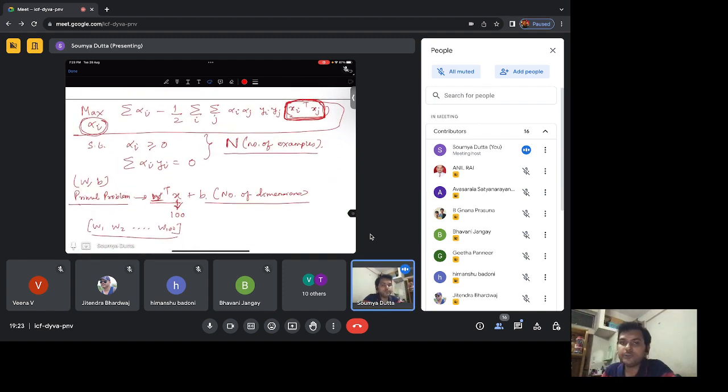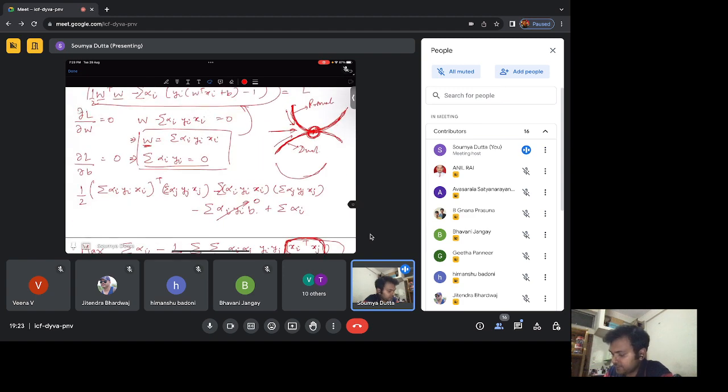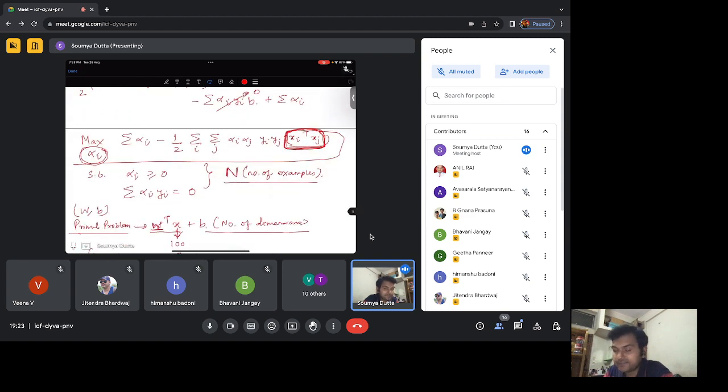Now why do you want to do high dimensional problems? First of all, your xi and xj may not be separable in low dimensions. You need to go to higher dimensions, you need to add one more axis, let's say, in your data points, so that they become linearly separable. SVMs cannot do nonlinear separation. Nowhere here have I considered anything which is nonlinear in any way.